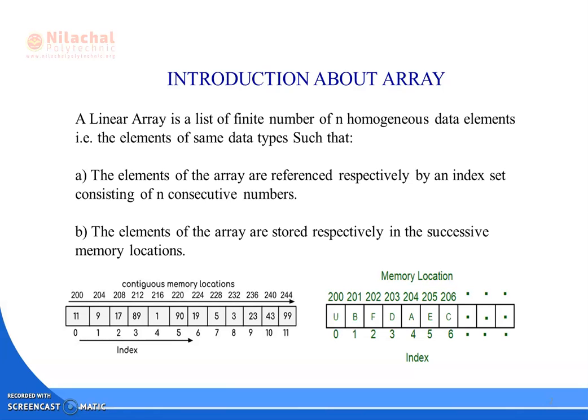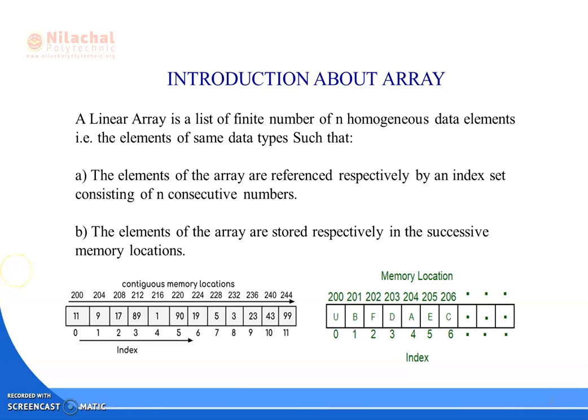Next, the elements of the array are referenced respectively by an index set consisting of n consecutive numbers. We have already discussed that array is a set of homogeneous data elements.